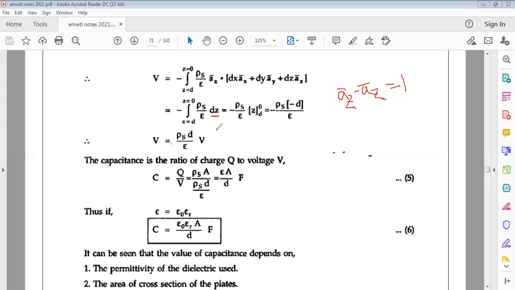So rho S by epsilon is a constant, the integral of dz is z, with upper limit 0 and lower limit d. So rho S into 0 minus d by epsilon. The minus into minus again gives a plus.